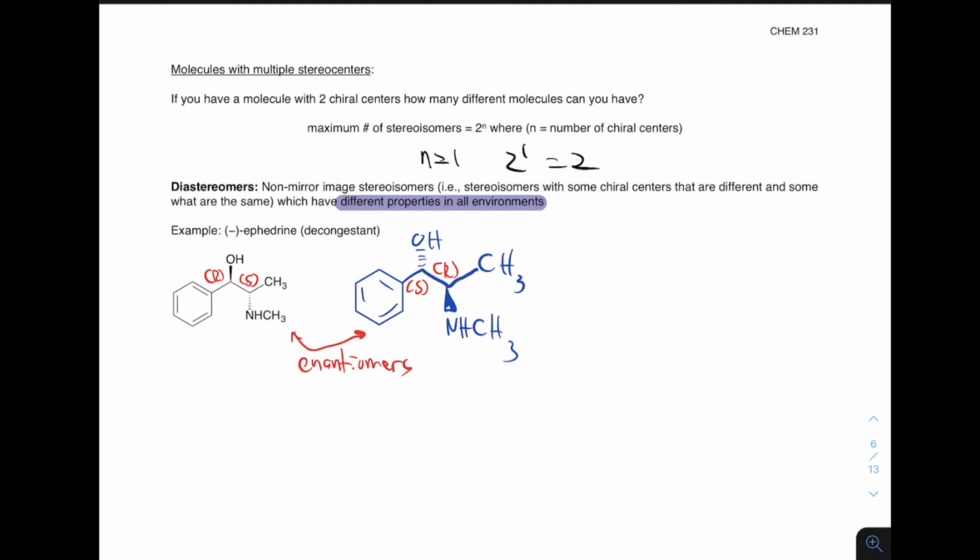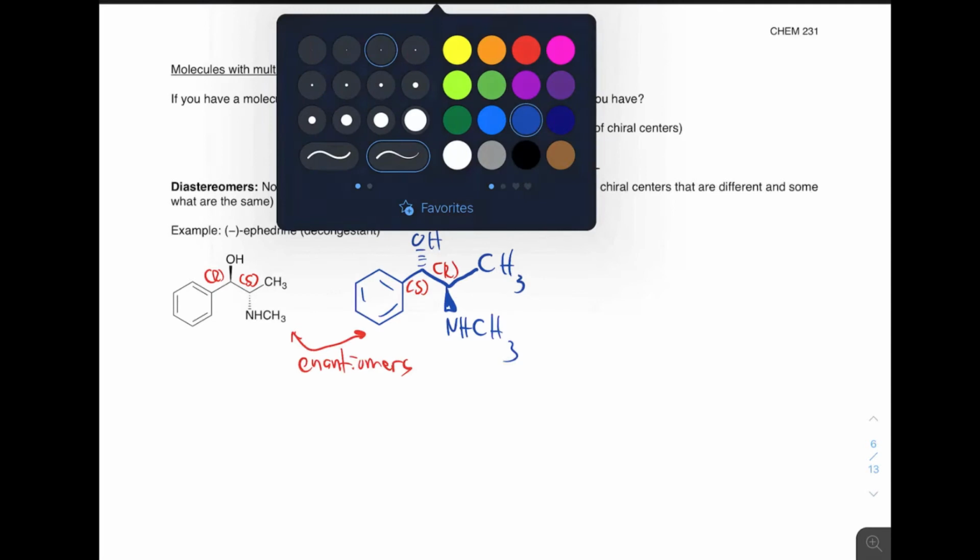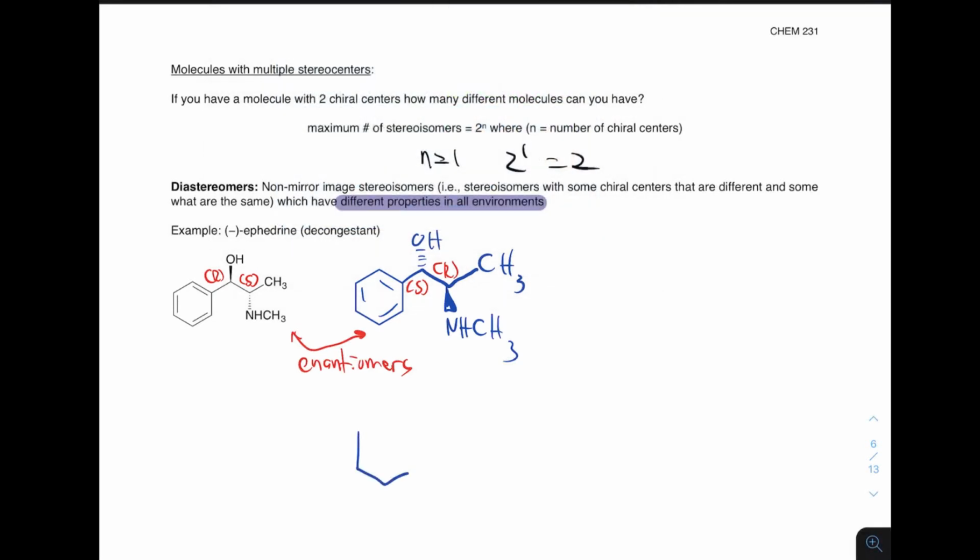So what if we change this now, and instead of both chiral centers being different, only one of them was different?